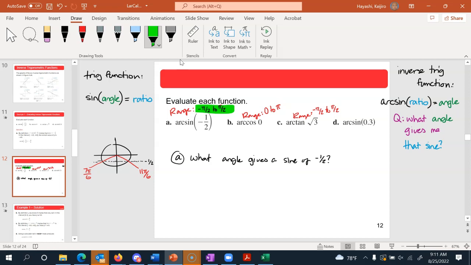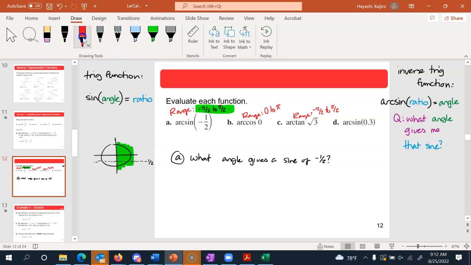Now this range, negative pi over 2 to pi over 2, assumes that you're on this side of the unit circle.